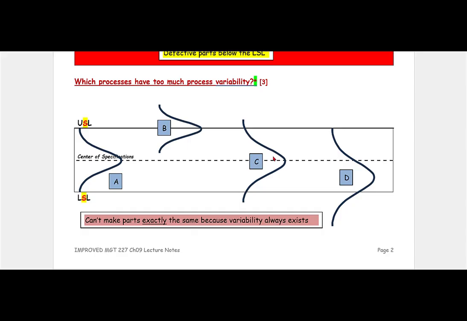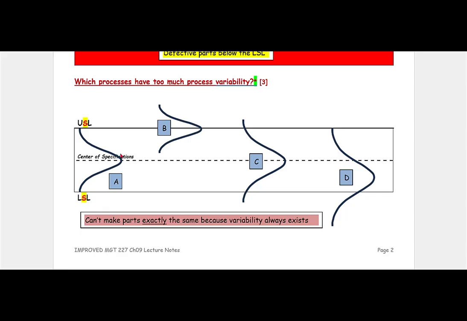The next question, which processes have too much process variability? When I'm asking this question, I am not asking where the center of the bell-shaped curve is. This one is centered nicely. This one's centered nicely. This one is a little bit low. But I'm not looking at that when we're talking about process variability.